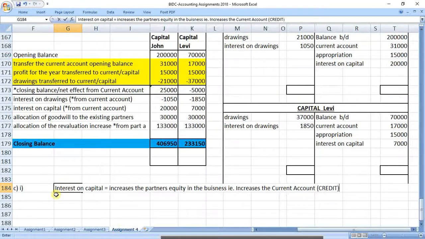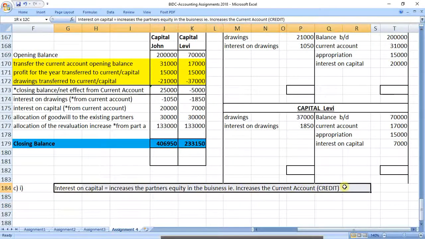Bracket, credit. Okay, it's a credit on the actual current account. I'm just summarizing. You can write it down in a sentence if you want to. I'm just writing down the main bits. Okay, so interest on capital increases the equity. How does it do that? It affects the current account. The current account is credited because it increases. Okay, that's the advantage.